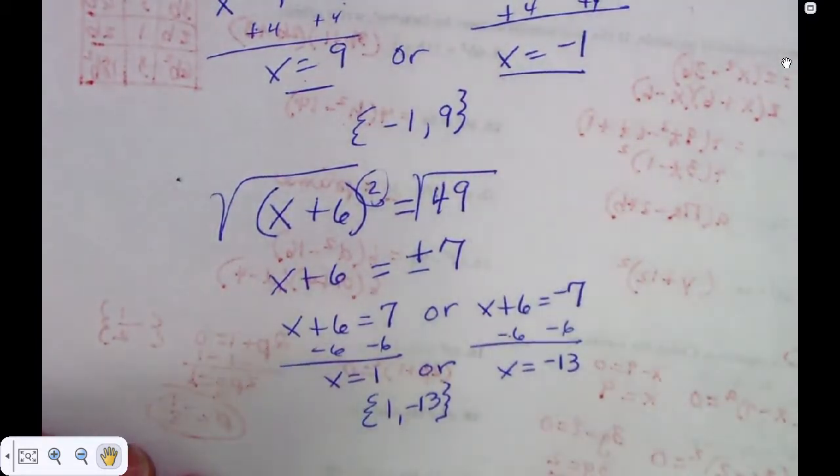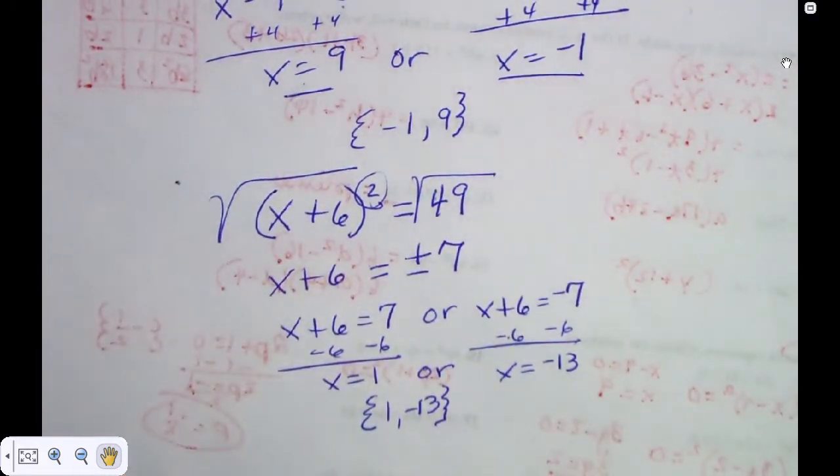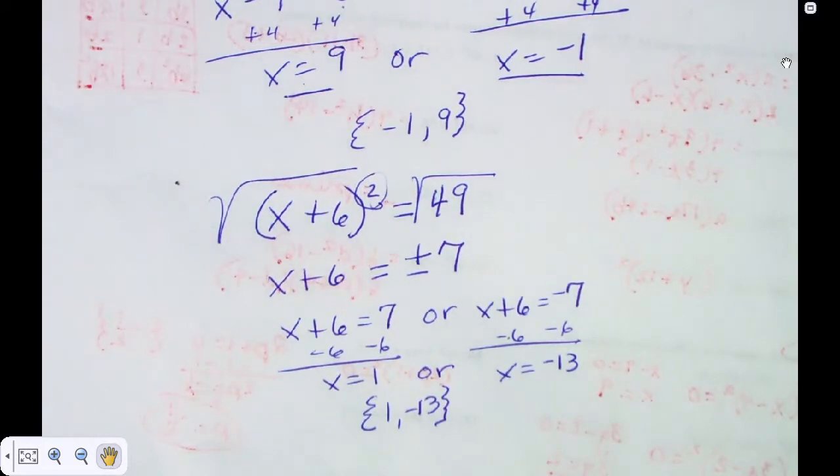Or negative 13, 1. It doesn't matter how you write it in there. It gets a little harder, but we're going to wait and do this tomorrow. It's when it's not a perfect square. Okay, so knowing when to do this.